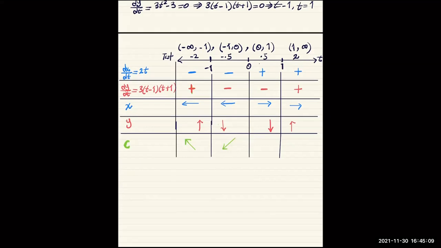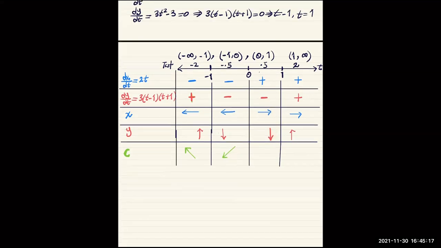Over here we have west, south, or we have right, down. Right down is this direction. And then here we have up, right, north, northeast. It's that direction.